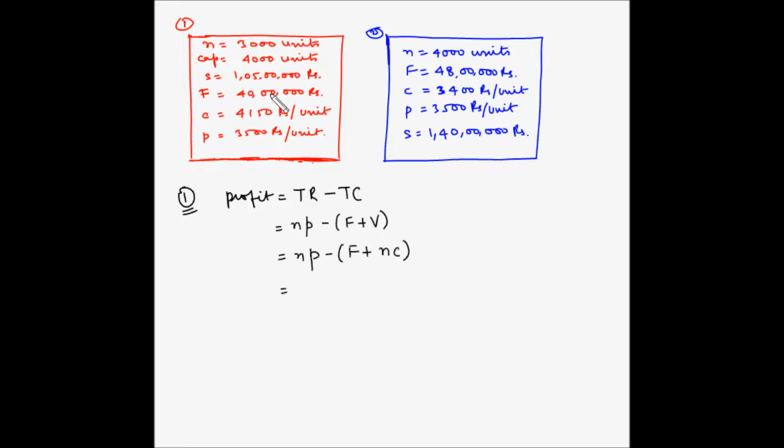So N is 3000 units, P is 3500, F is 40 lakhs, N is again 3000, C is 4150.